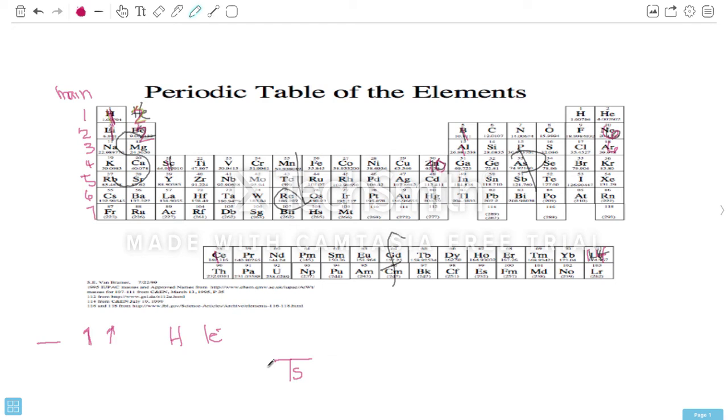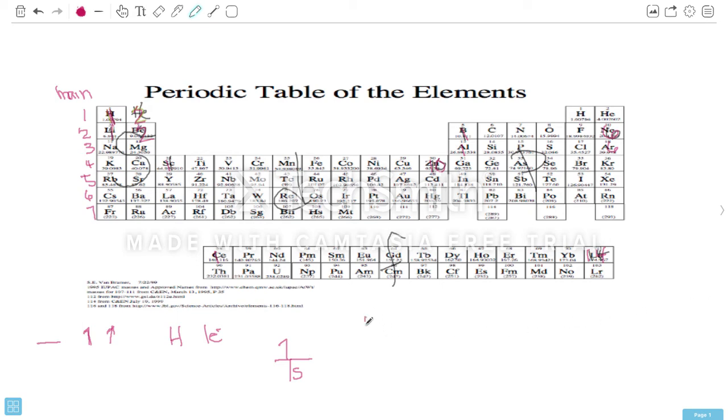Now, hydrogen has 1 electron, and since we're only drawing 1 electron, that 1 electron has to have a positive 1/2 spin. That is the orbital notation for hydrogen.